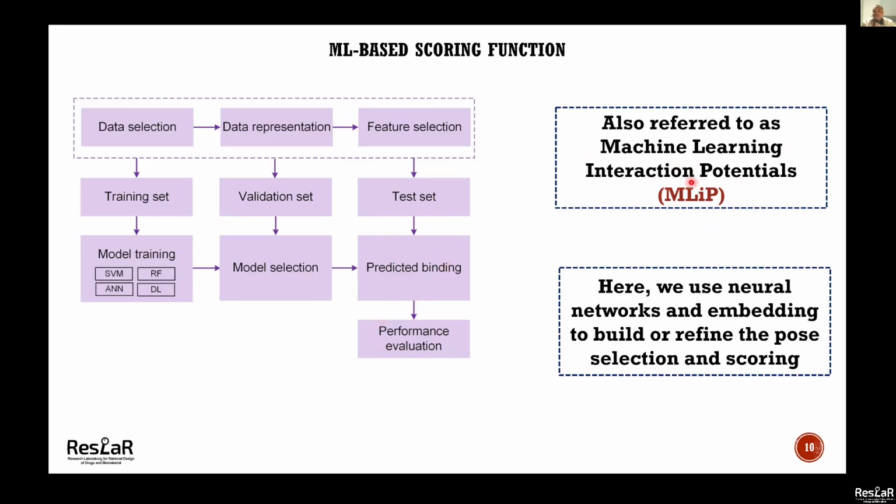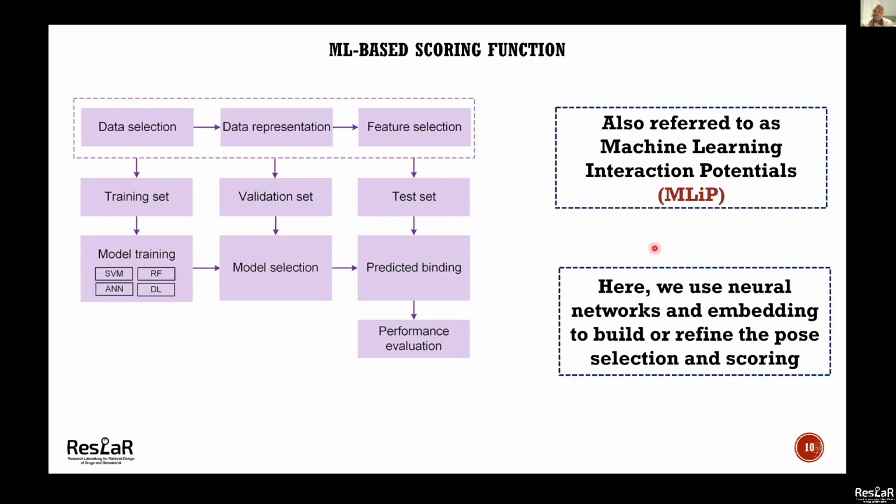These days they are referred to as machine learning interatomic potentials, because potential usually just refers to force fields. Some of these machine learning force fields or scoring functions are actually doing very well. Some of them are approaching or even outperforming the classical physics-based methods.